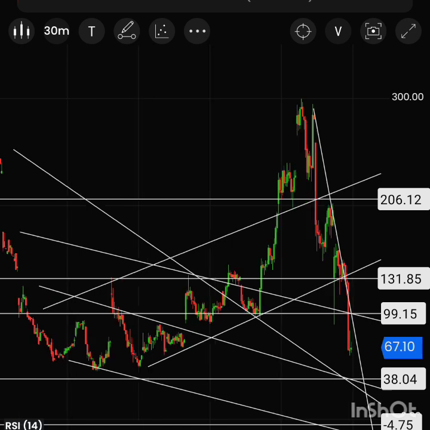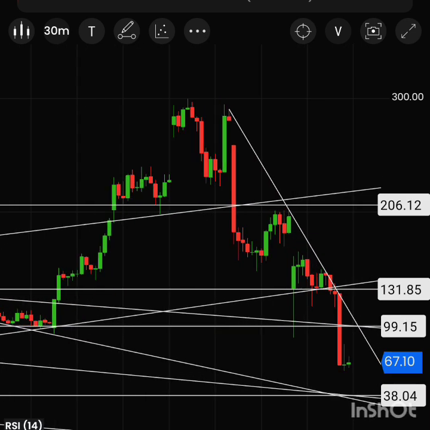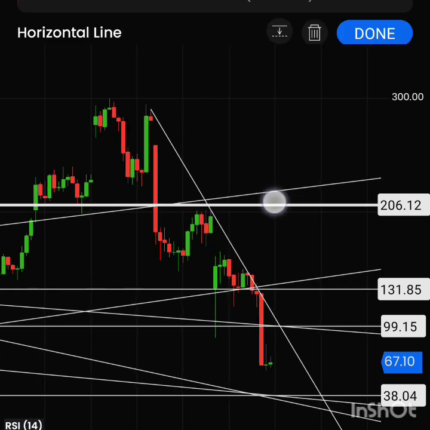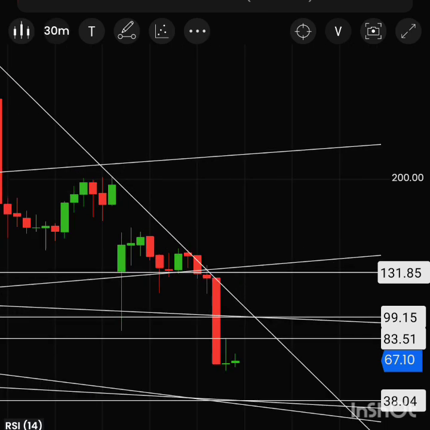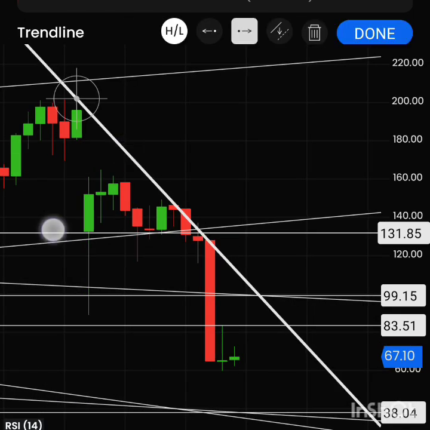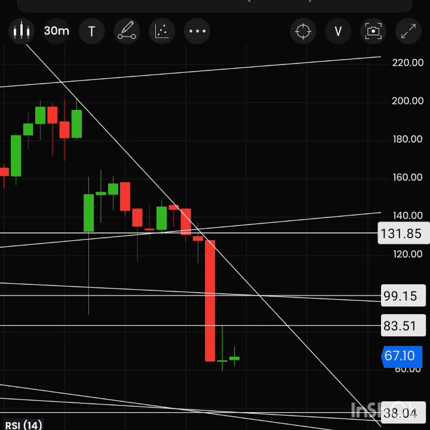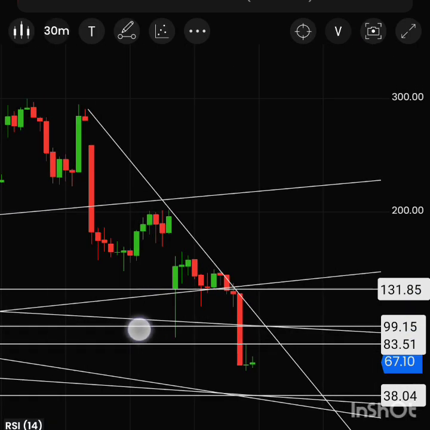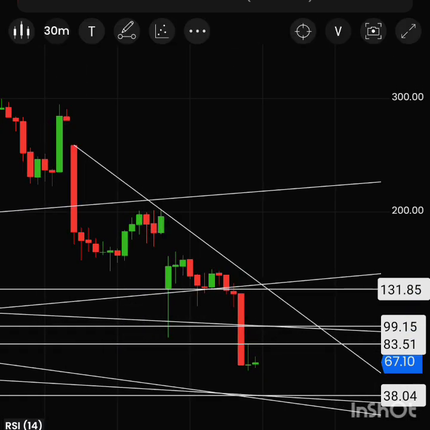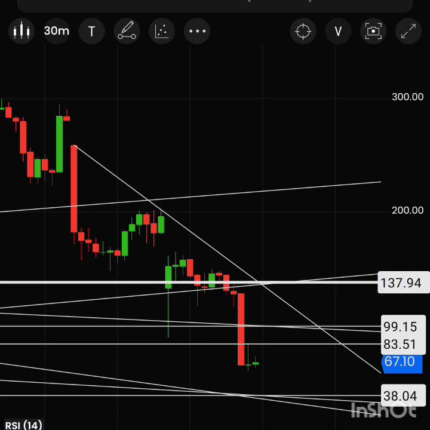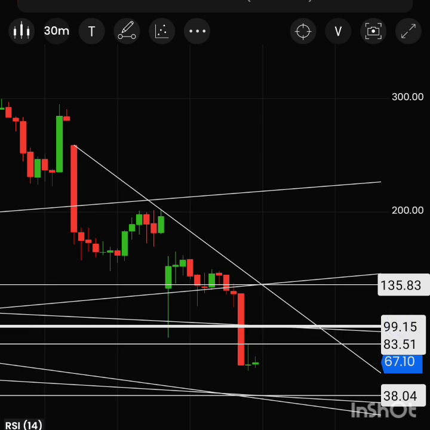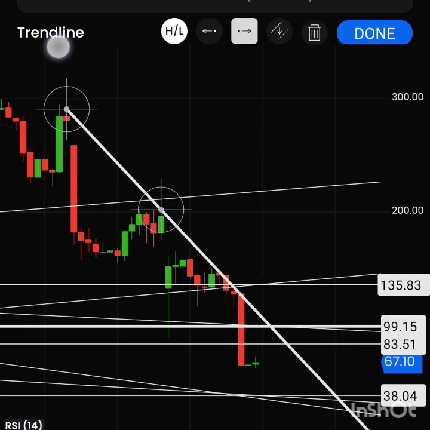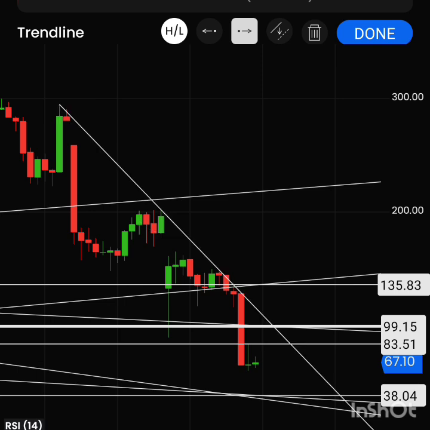Otherwise we will have a bounce back, and the next resistance will come around the 83, 84, 85 range, and a little strong resistance will come around the 99 to 100 range. So most probably the 99 to 100 range will act as a little strong resistance.